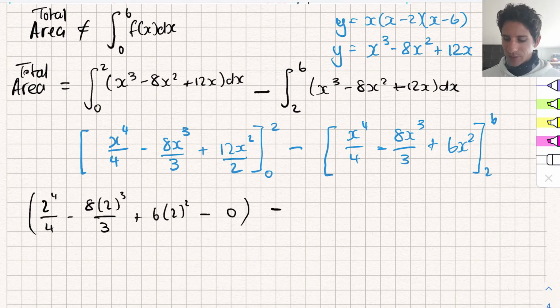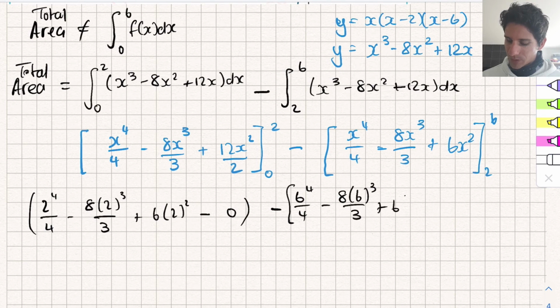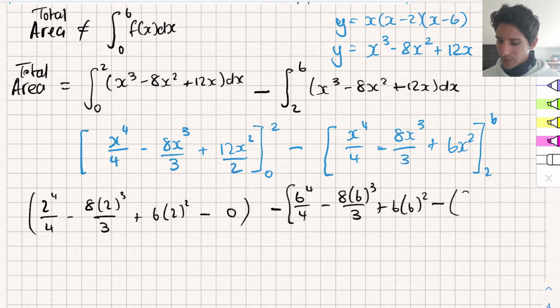Okay, here's the second one. We're starting at 6, and we're going to take away 2. So we're going to have 6 to the power 4 over 4 minus 8 times 6 cubed over 3 plus 6 times 6 squared. Okay, that is just the first half, and we need to take away 2 to the power 4 over 4 minus 8 times 2 cubed over 3 plus 6 times 2 squared.